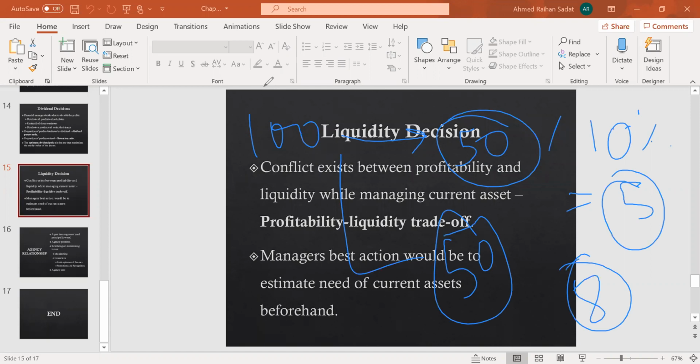In the first case you were earning 8 taka but your liquidity was 20, but in the second case, you are earning 5 taka and your liquidity is higher. So basically, you are doing a trade-off between them, whether you invest the money to increase your profitability or keep a balance to increase your liquidity. So you need to find a real balance where it's an optimum situation.